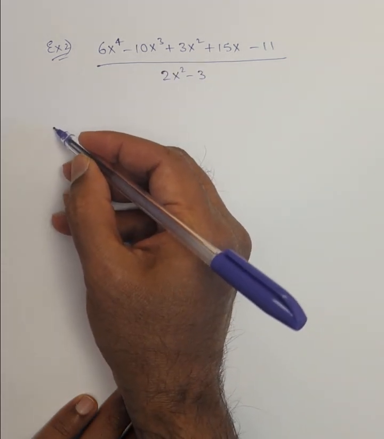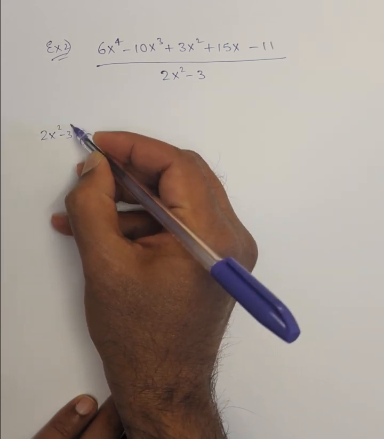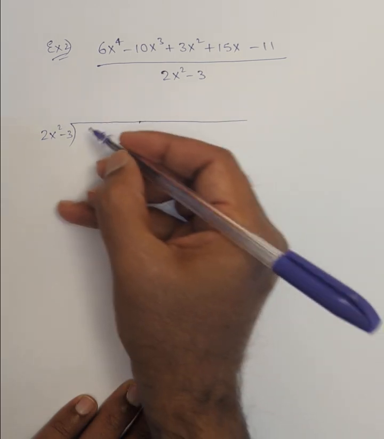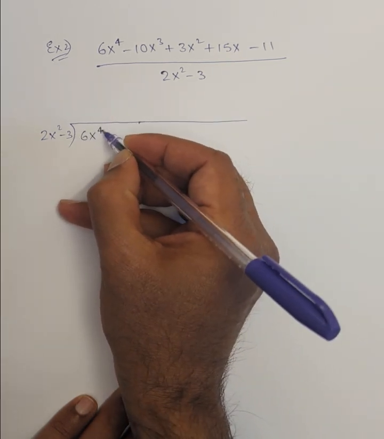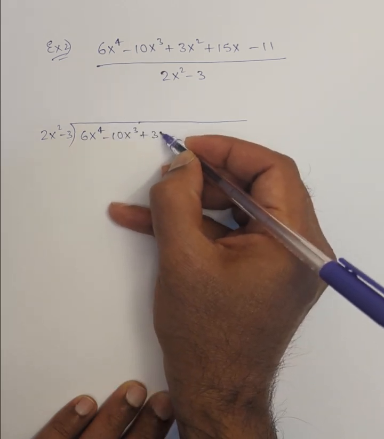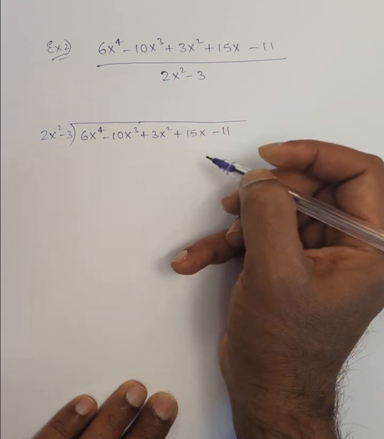All right. So let's write down 2x squared minus 3 in the divisor position. The dividend is a little bit long. 6x to the 4th minus 10x cubed plus 3x squared plus 15x minus 11.